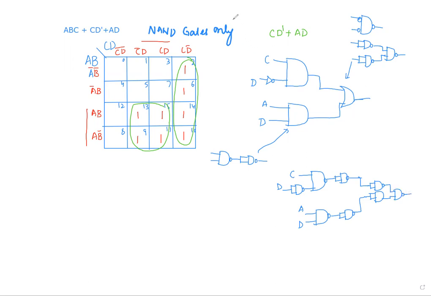Now there is a catch. This is not the final implementation. Wherever you have two NAND gates in sequence, or NOT gates in sequence, that is equal to null, so they can be eliminated.